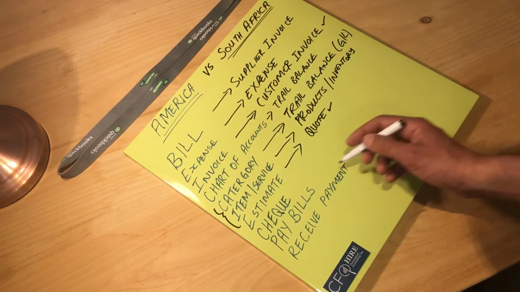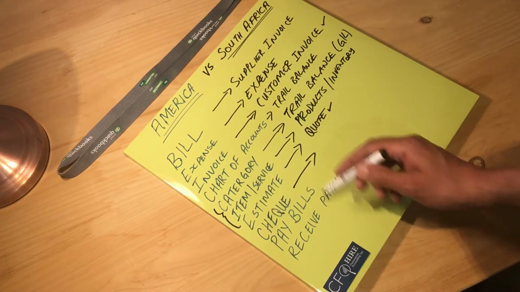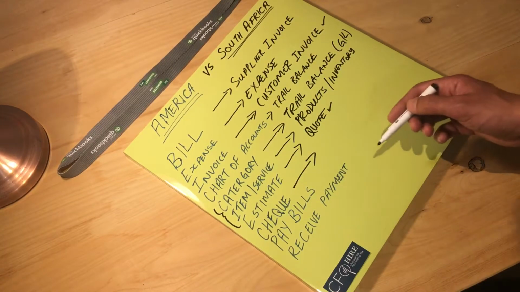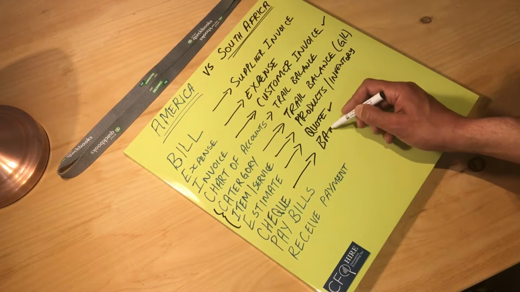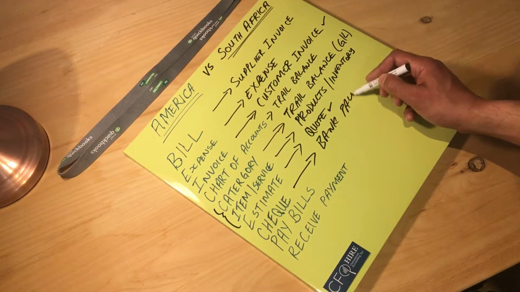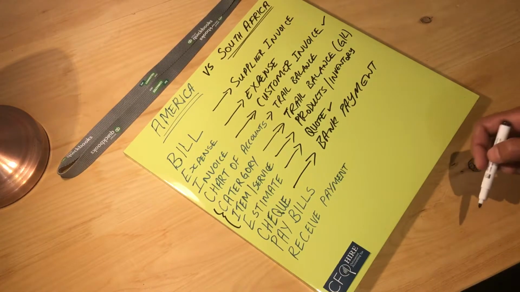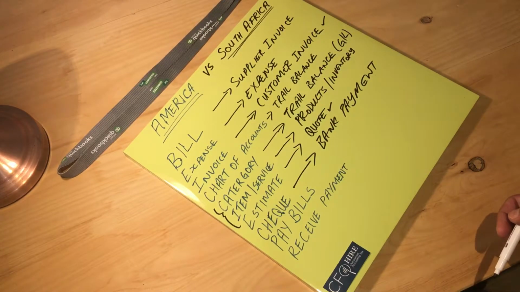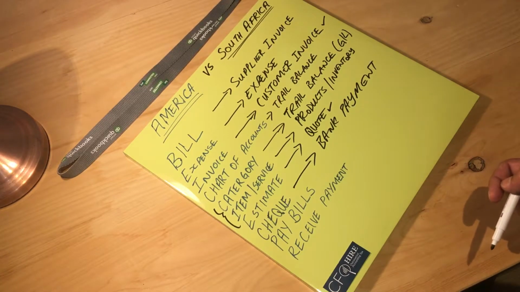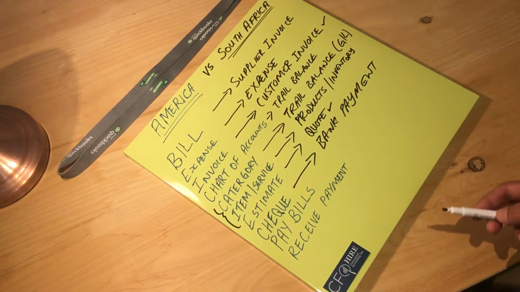The other thing on the expense side is a cheque. A cheque is nothing more than a bank payment. Now, a bank payment can be done in various ways in QuickBooks, which is quite easy. The cheque function is not something I recommend doing because it's quite manual.